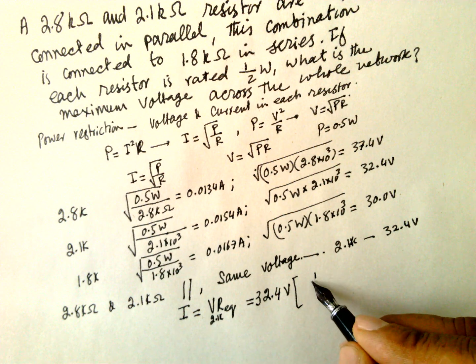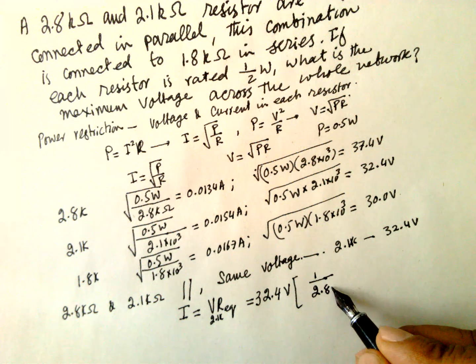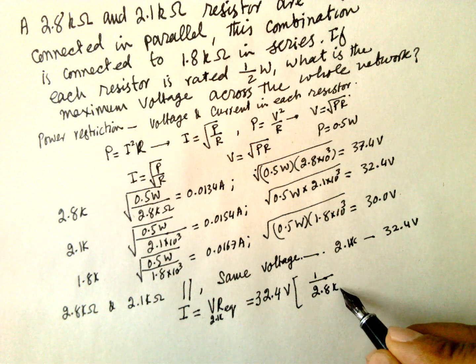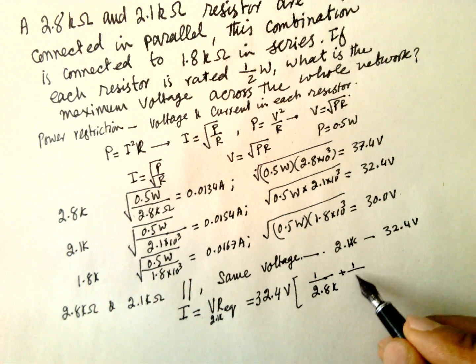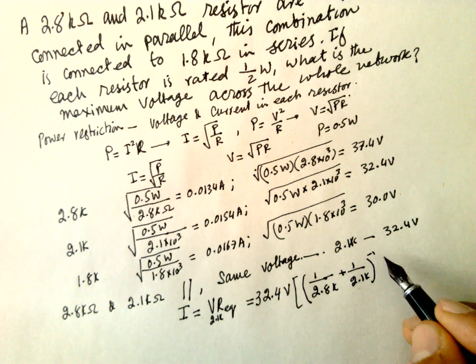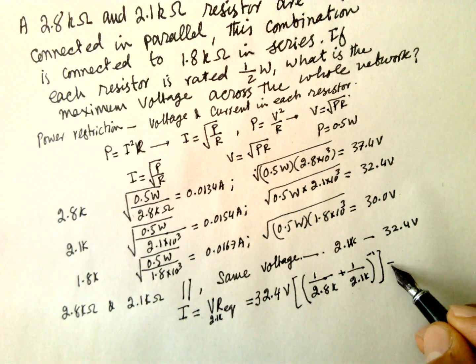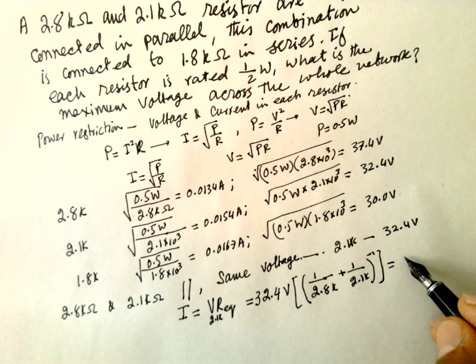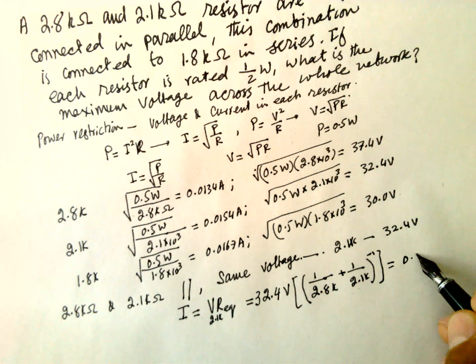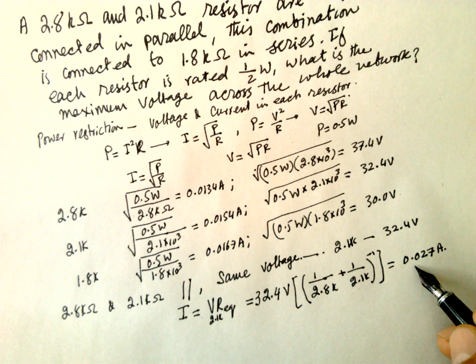So this is equal to 1 over 2.8 kilo plus 1 over 2.1 kilo, raised to the power minus 1. So this is the equivalent resistance, and that will give us 0.027 amp.